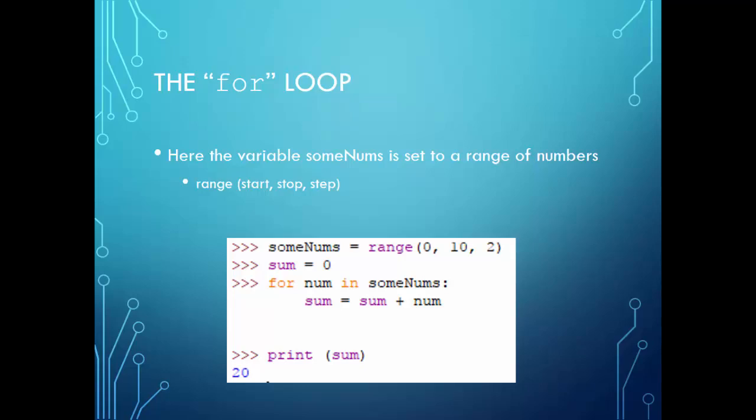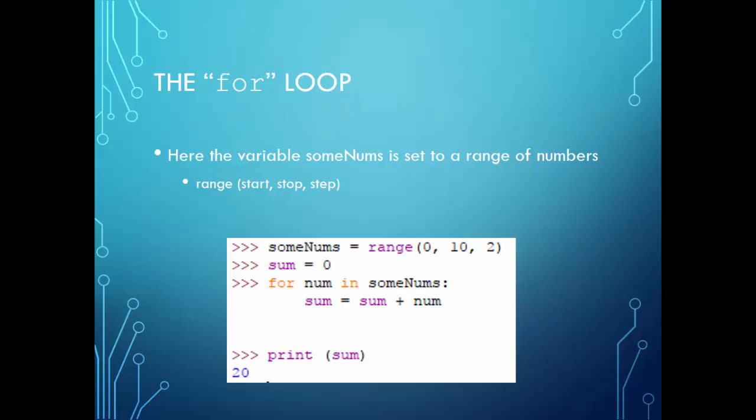There are ways that you can shorten that, like sum plus equals num, which is fine, or you can certainly write it out the way that I did. That's going to take each num within that range that we created, and add it to sum and then reset the value of sum each time.